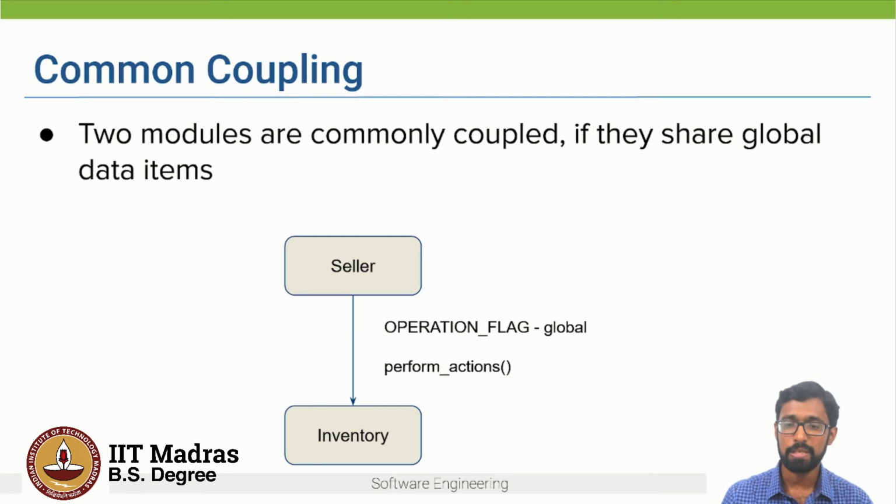However, this means that there may be other modules which will also have access to the operation flag variable, and it is very likely that multiple concurrent changes can happen. This can lead to an unstable system or design. So this type of coupling is generally not recommended.